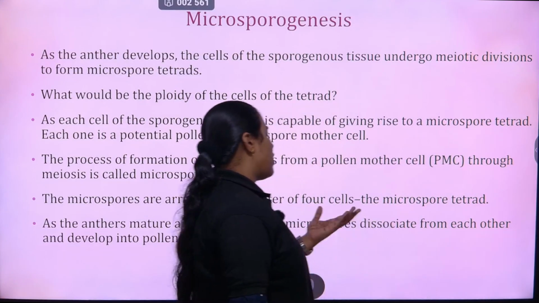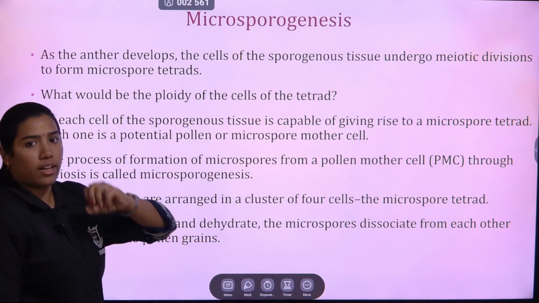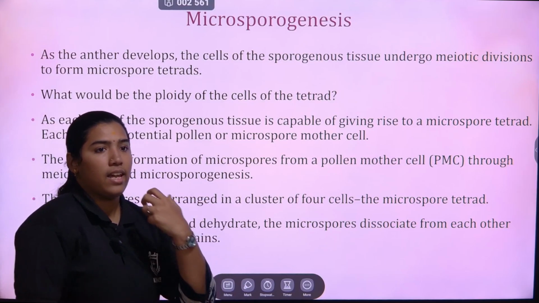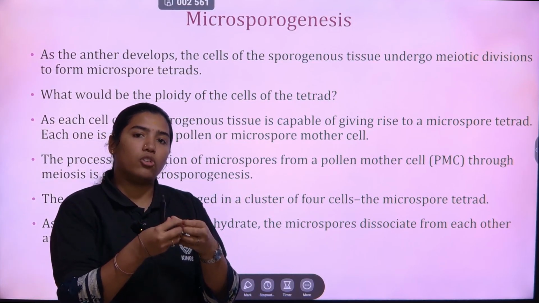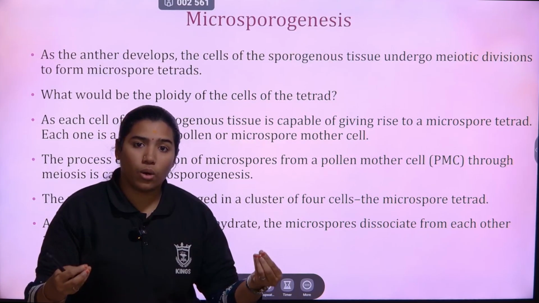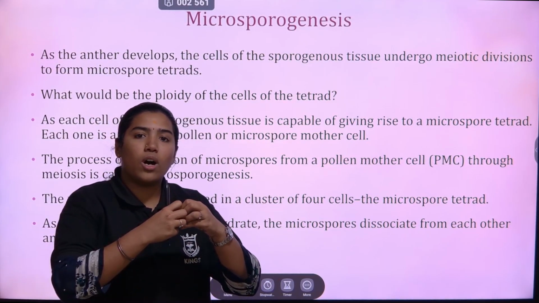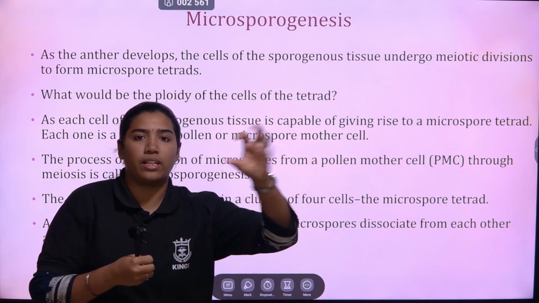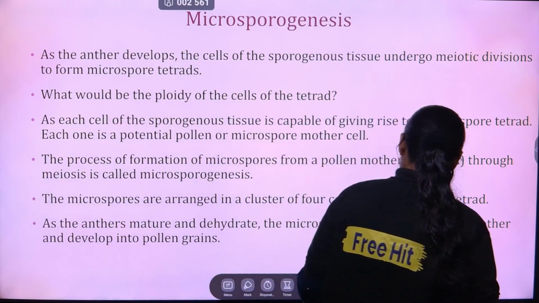Okay, then anthers mature. As anthers mature and dehydrate, the microspores dissociate. Yesterday also we saw the line of dehiscence. Line of dehiscence is typically breakage. When plant components dry out, lose water, go through dehydration, the wall gets broken and the pollen grains are released into the environment. Okay, that's very important.